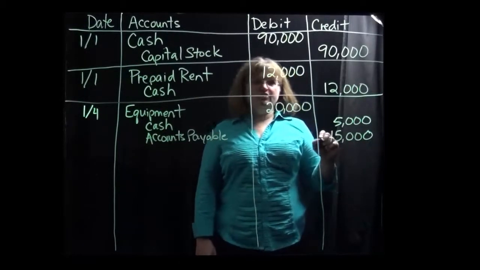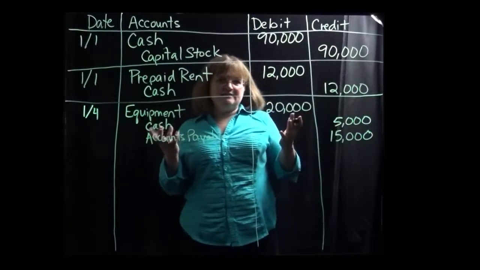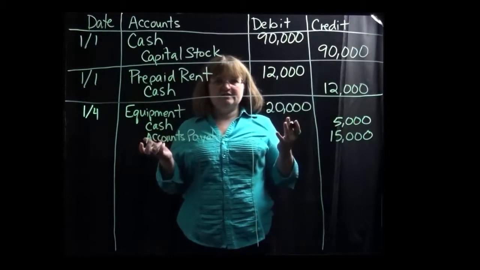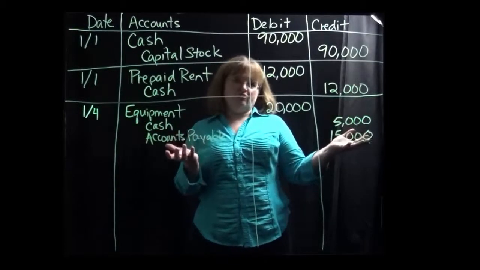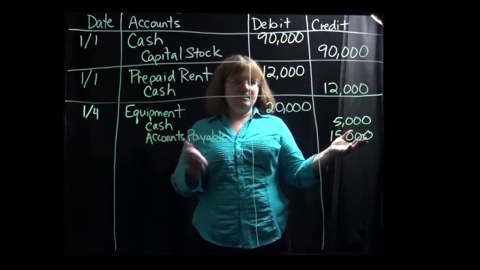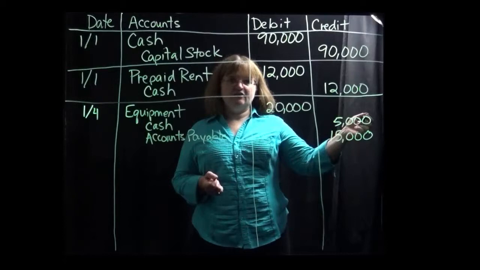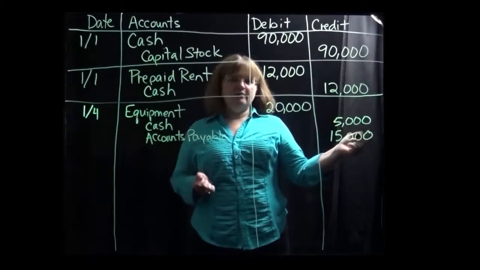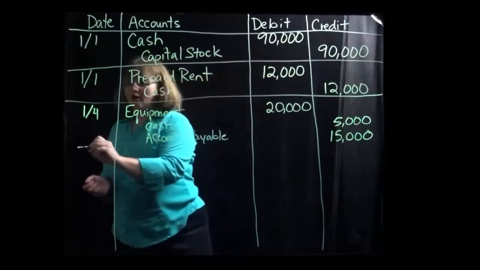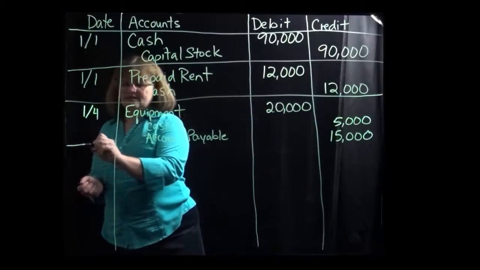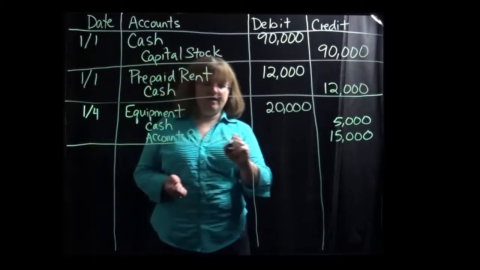Here's a good illustration of how you can't think of debits as increases and credits as decreases unless you're talking about asset accounts, because here we have a liability, we're crediting it and it increases. With the cash, it's an asset, the credit decreases it. With the liability, the credit increases it. Overall, our debits and our credits equal out and everything stays in balance.